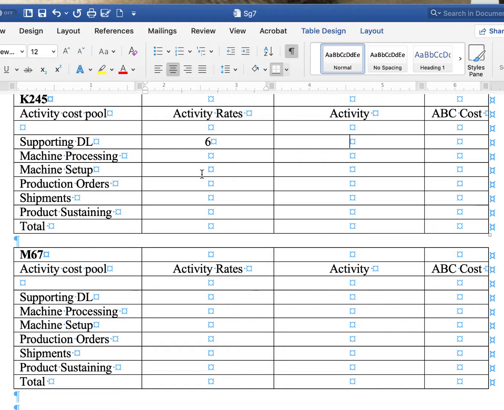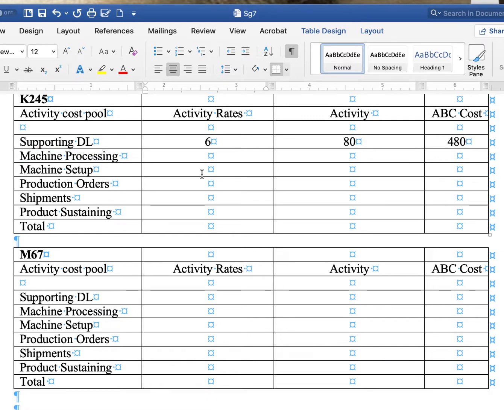So I plug in the 80 hours of activity. I then get the total supporting direct labor cost for job K425. Again, 6 times 80 gives me $480.